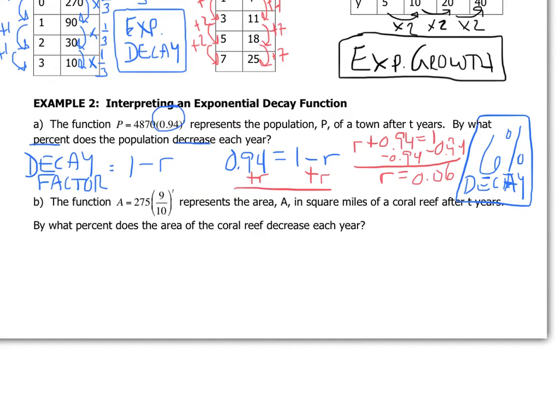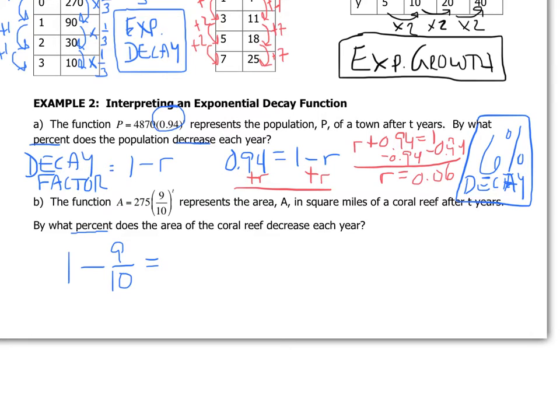So for the second one, we have a function. We're looking at the amount of coral reef that is there after t years. Again, what is the percent that the area is decreasing each year? So again, I'm going to focus on my decay factor. 1 minus the 9/10 is going to tell me how much we dropped by.